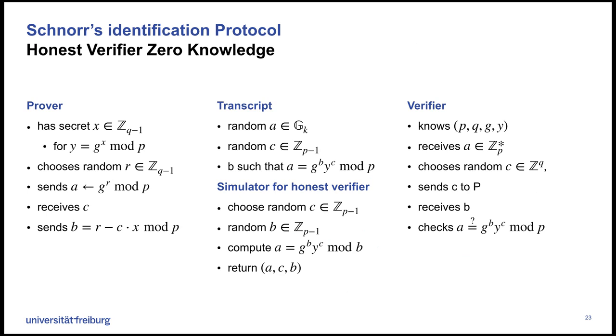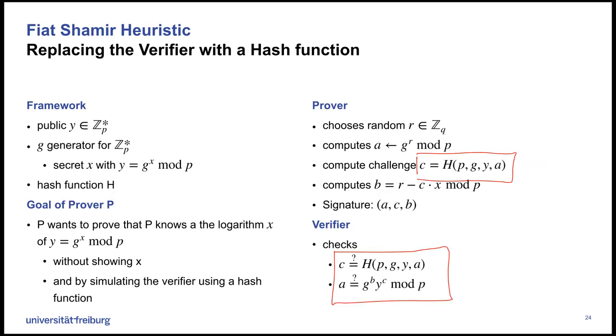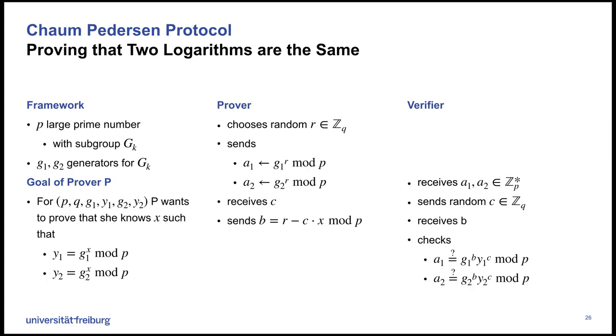And as an example, last time we had two generators here and we proved that they have the same exponent. Again, we commit to two random numbers, then we receive a challenge and we do the same calculation, and then we prove that it's the same. And this is not even honest verifier zero-knowledge.